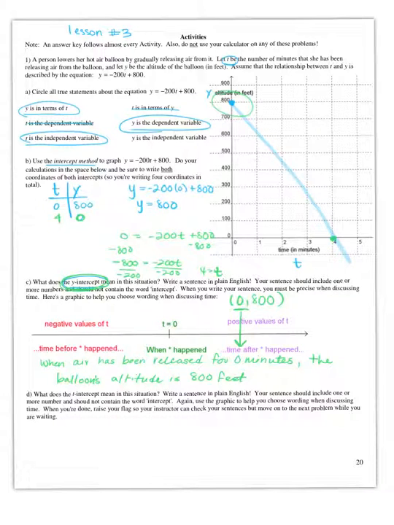What does the t-intercept mean in this situation? Again, we're going to want to include both coordinates when we write our sentence. Our coordinates are 4, 0. At 4 minutes of releasing air, the balloon's altitude will be 0 feet above the ground. So, at 4 minutes, the balloon will be on the ground.